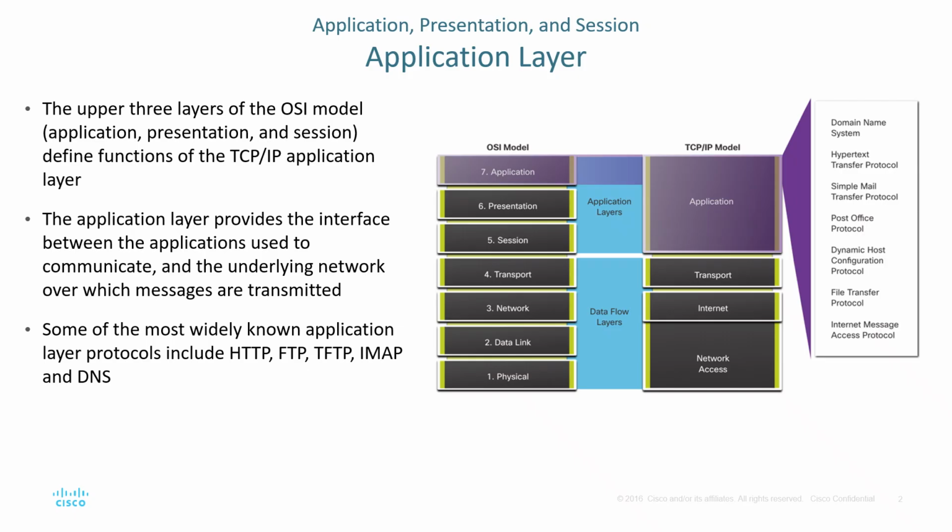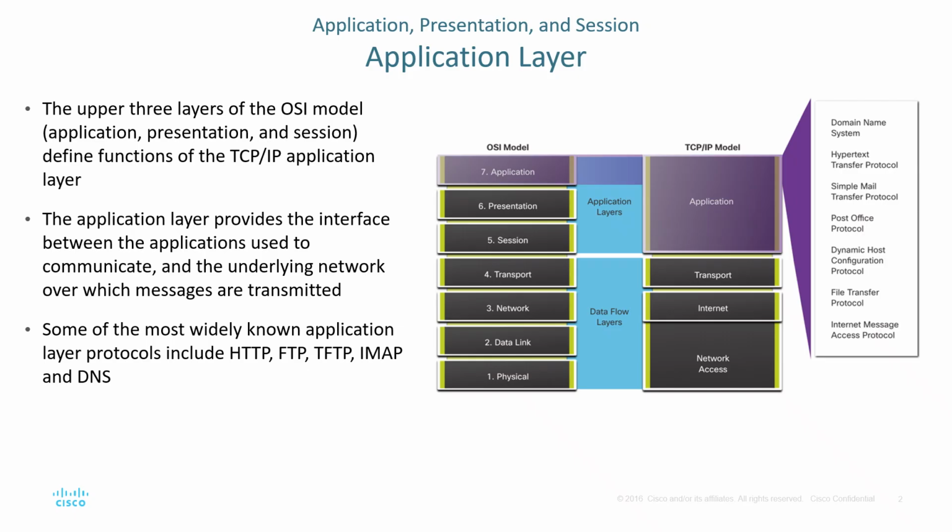So please go back and refresh if you have forgotten what port numbers are associated with which ones. So briefly, let's go over it. Domain name system, 53, HTTP, 80, or the optional of 8080. Simple mail transfer protocol, port 25. Post office protocol, 110.